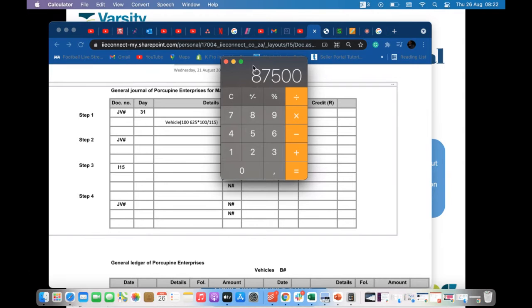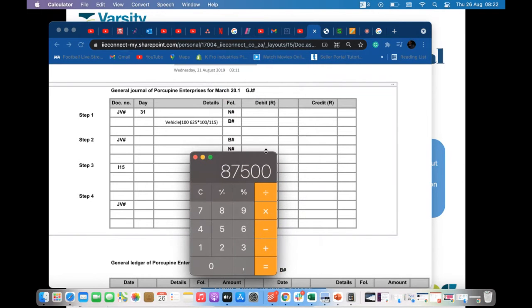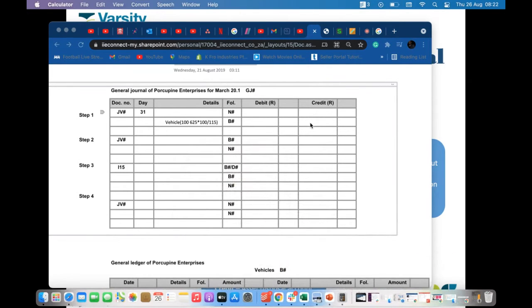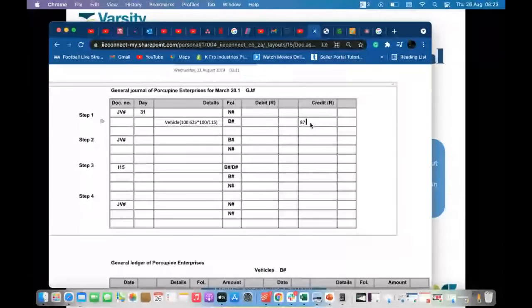We get 87,500. Okay, cool. So that's 87,500. Then we said we're going to debit asset disposal by the same amount, 87,500.